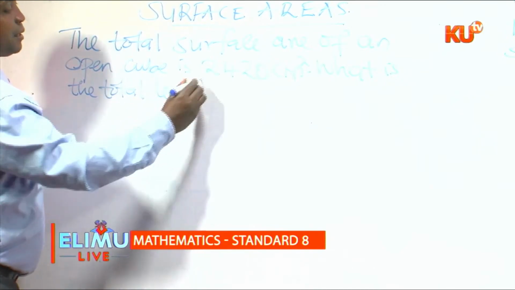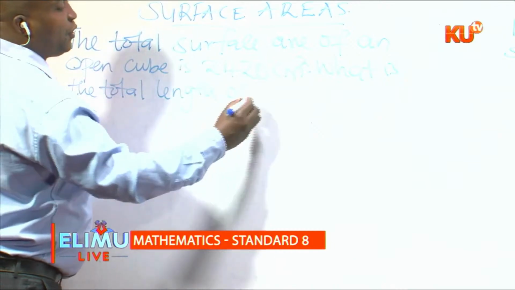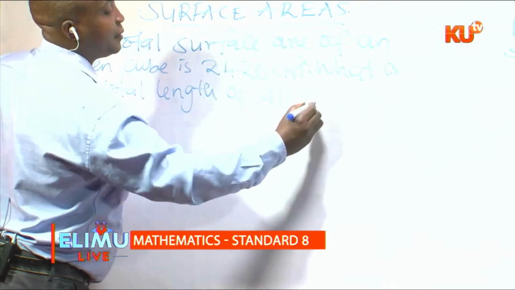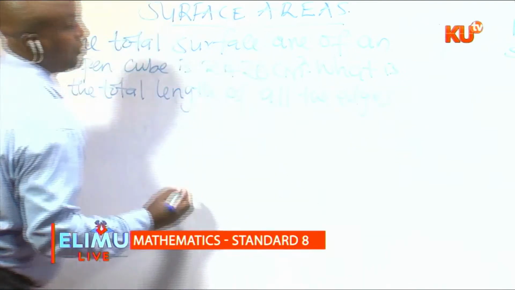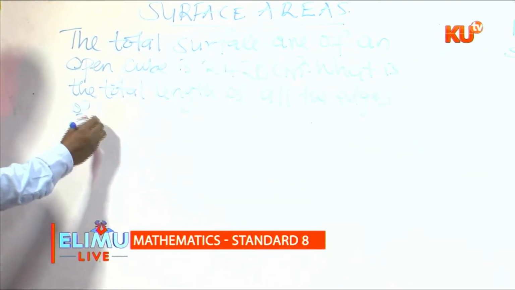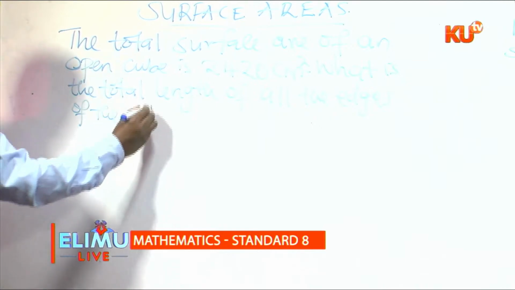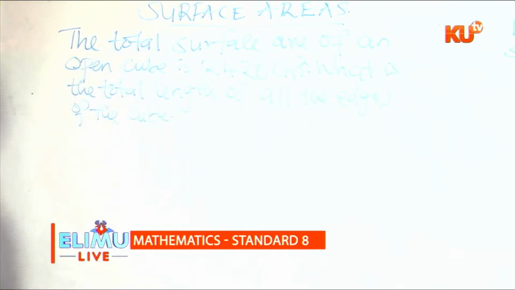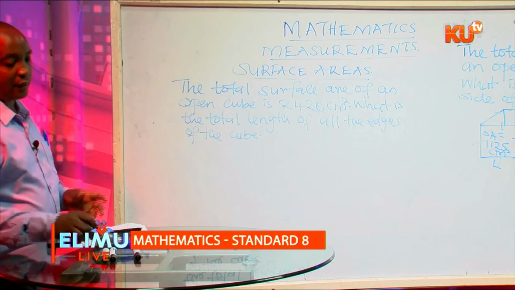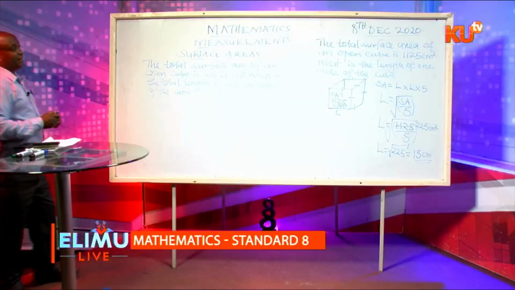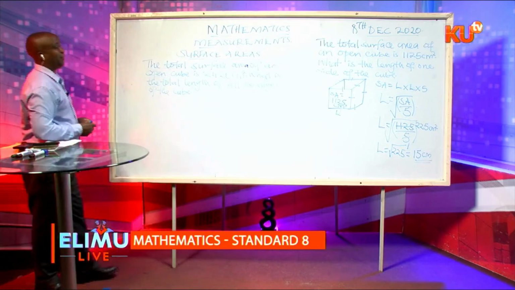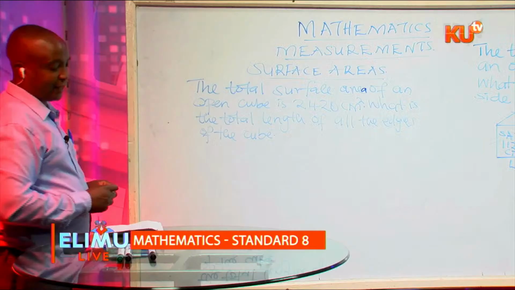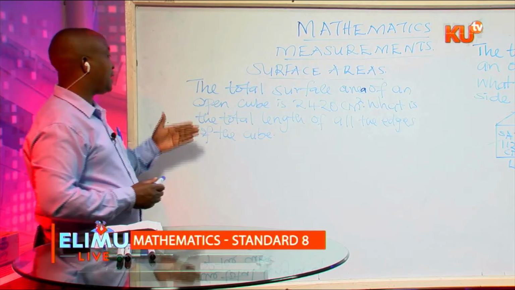Total length of all the edges of the cube. Okay. Now, the total surface area of an open cube is 2,420 square centimeters.